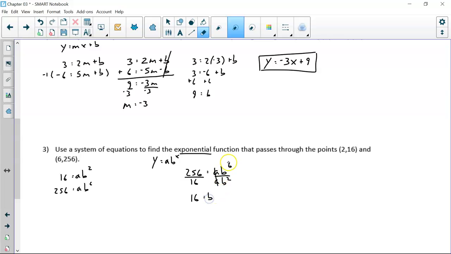And for b, it's 6 minus 2, so 16 equals b to the 4th. Now to solve, take the 4th root of both sides, b equals 2.